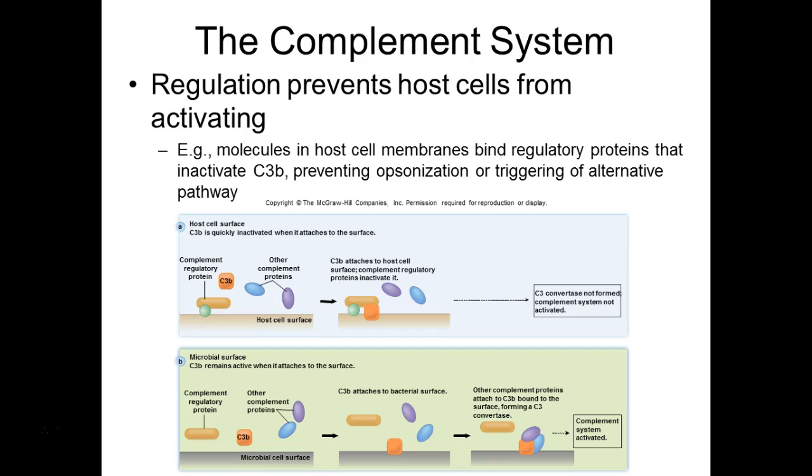They inactivate C3b. So if C3b binds, they inactivate it. They keep it from being able to interact with the other complement proteins so that it can't activate the system. Unlike for microbial substances, they don't have these regulatory proteins. So they have C3 binding to them, and it activates the complement cascade via the alternative method.